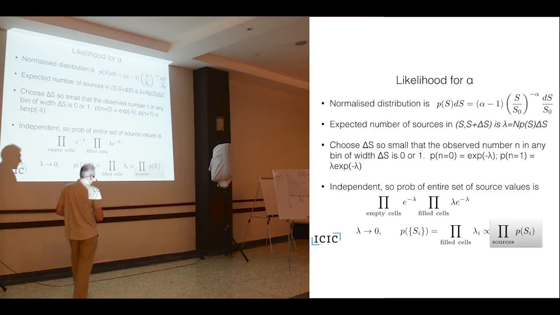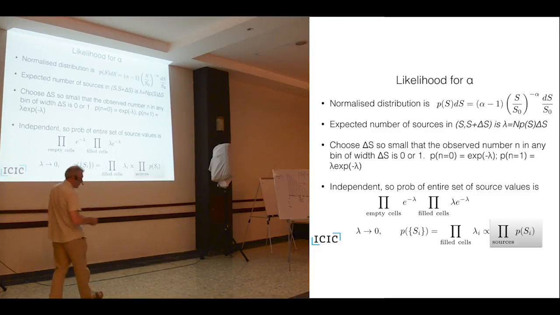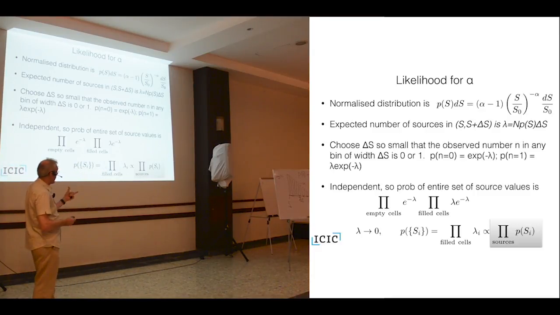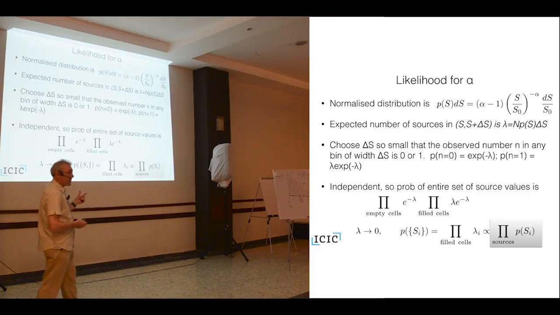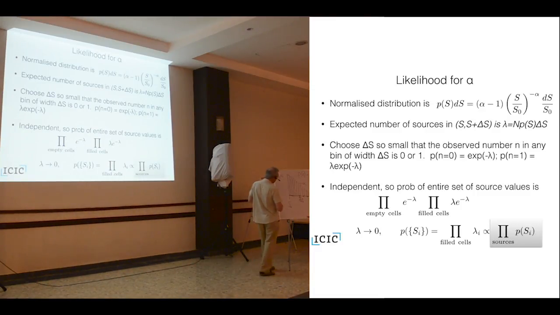So this is quite a general expression. If you have a distribution of sources, another way to do this would be to bin the sources and make a histogram of the data. But you don't need to do that. You can just work with the fluxes that you have.